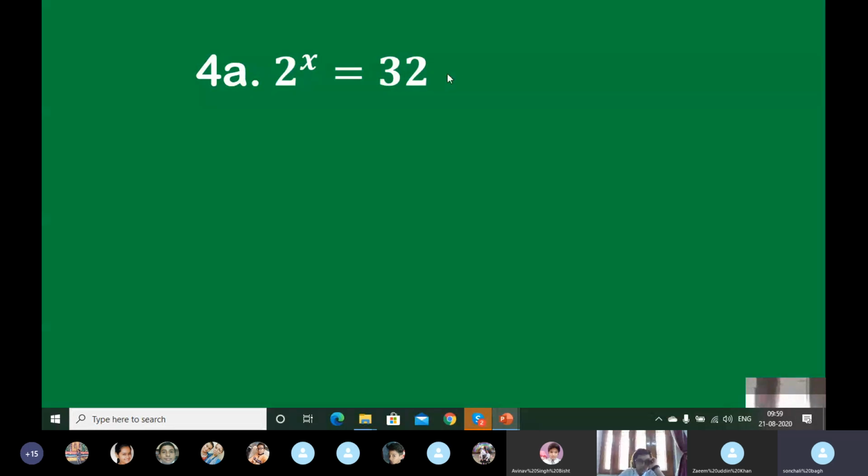Can you tell me the exponential form of this number 32? Ma'am, 16 to the power 2. Is 16 the base? Can 16 be a correct answer? Is 16 a prime factor?